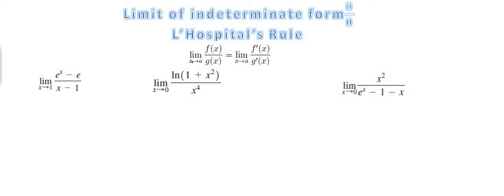So when x approaches a, we have f(x) over g(x) approaching 0 over 0 or infinity over infinity.